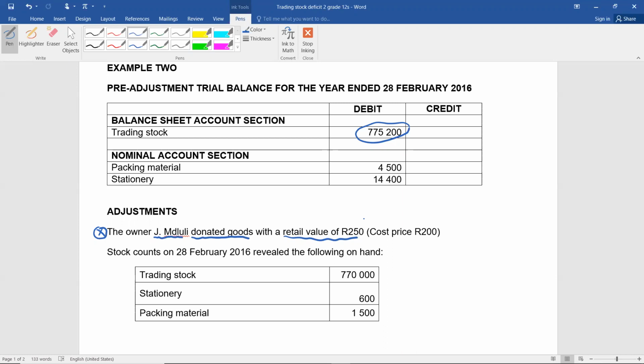I said to you guys, when it comes to donations, donations will always be measured at what price, especially the donation of goods. Kumkani. Donations will always be recognized at which amount? Kumkani.